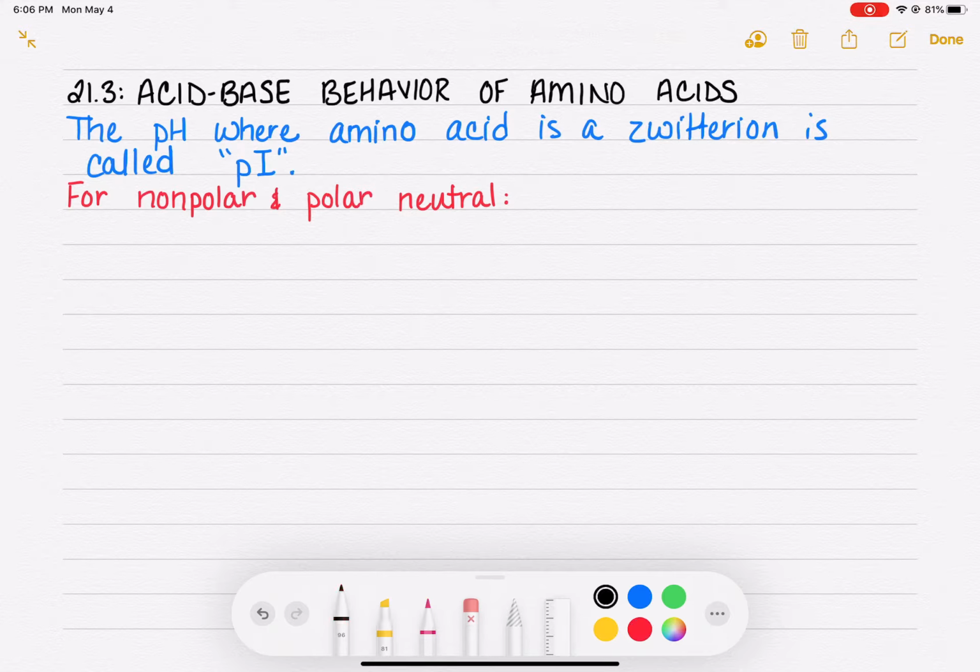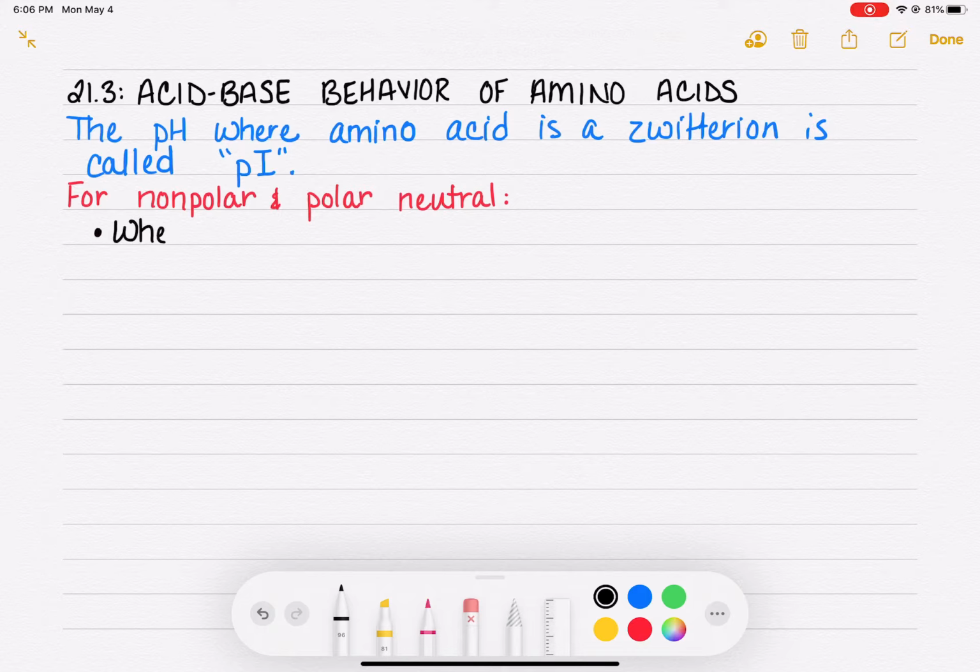And the polar neutral amino acids are the ones that have something like oxygen or nitrogen or sulfur, but not a nitrogen with a positive charge and not a COO. So the oxygen is in some other form.